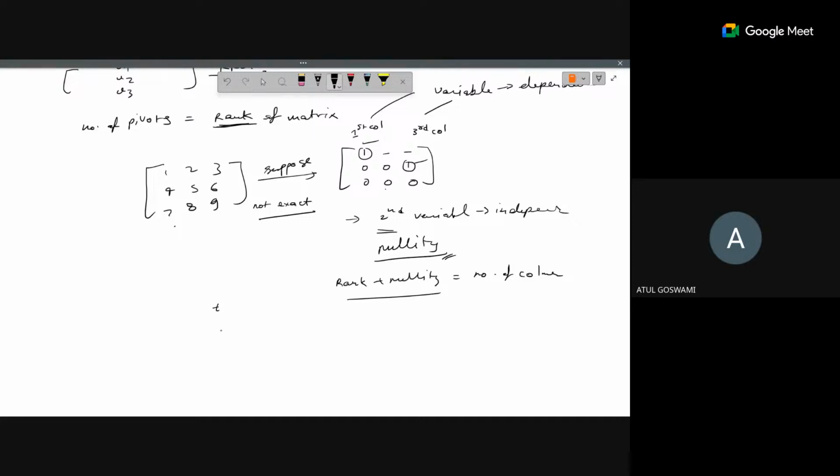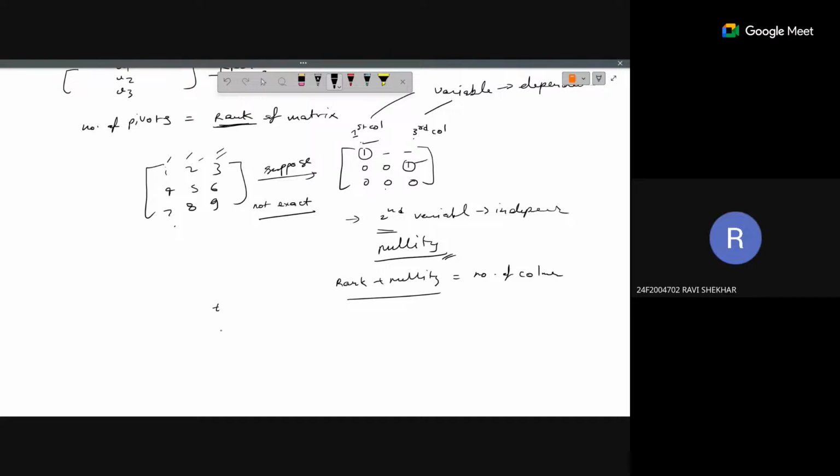We have to find the RREF first, then I can tell you the basis, because the basis would be two independent vectors. Because the first and third columns are dependent, we can take 1 and 2, or 2 and 3. So any two columns would make a basis, but we cannot take 1 and 3.